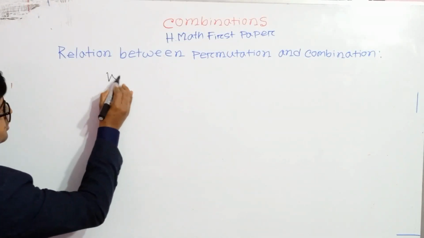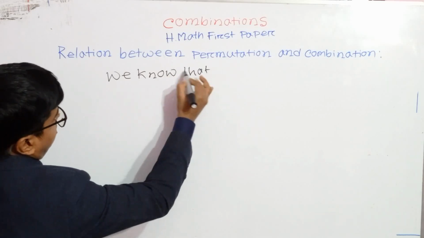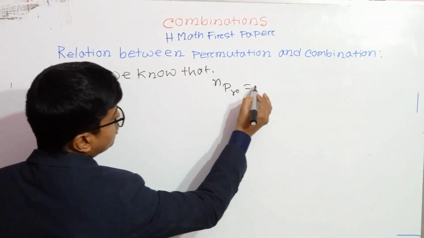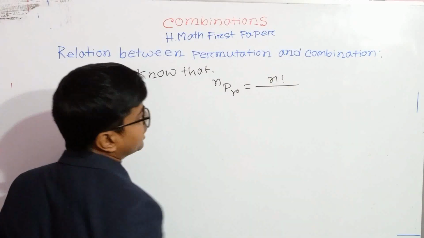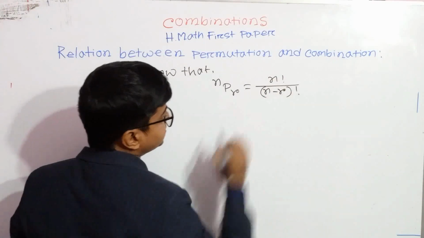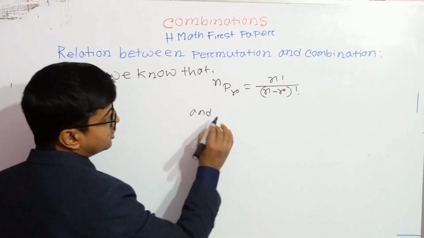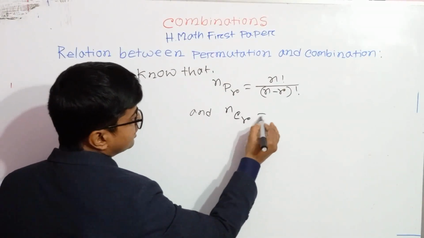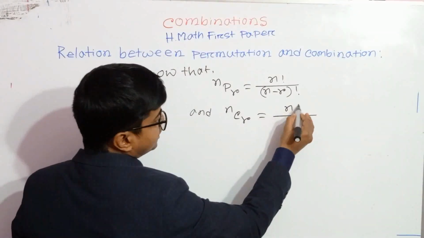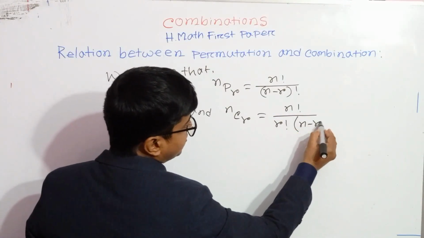We know that nPr equals factorial n by factorial n minus r, and for combination nCr equals factorial n by factorial r into factorial n minus r.